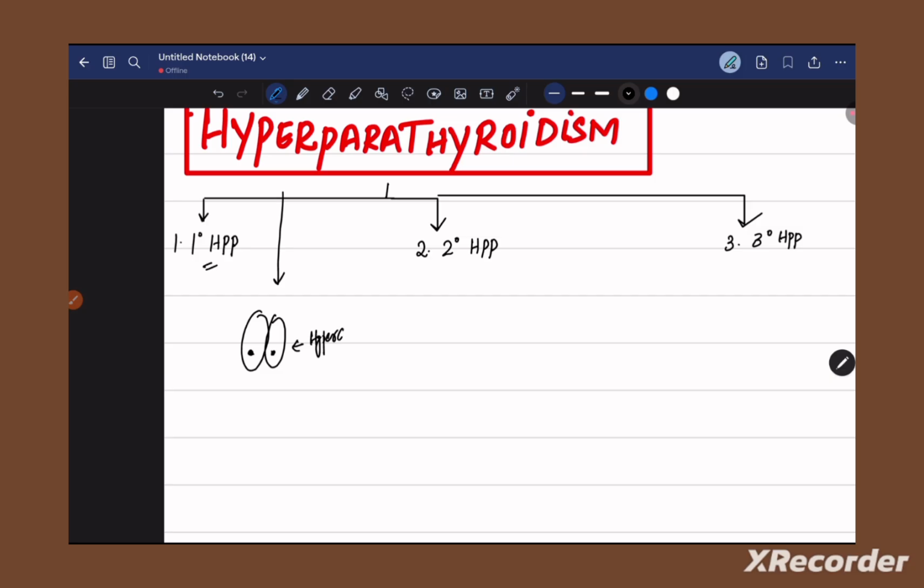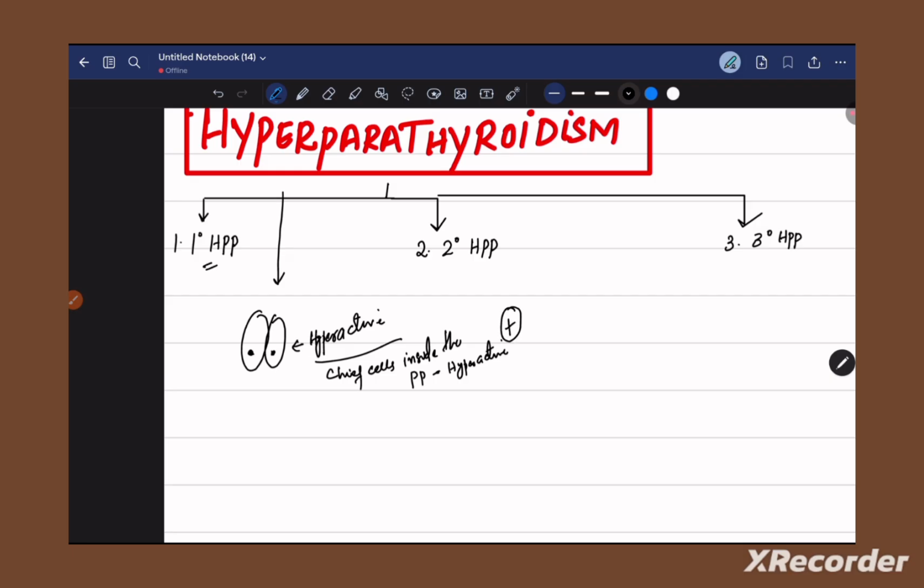I mean that the chief cells inside the parathyroid gland become hyperactive. What are the reasons they become hyperactive?